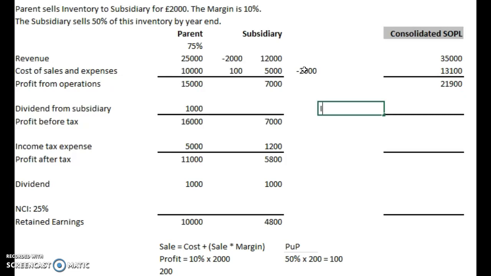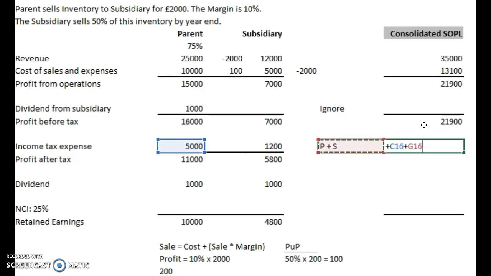We know now to ignore the dividend from the subsidiary, because we ignore it going to the parent and coming from the subsidiary. It's just another transaction between the two, which we can cancel out. So that gives us a profit after tax equal to this, 21,900.